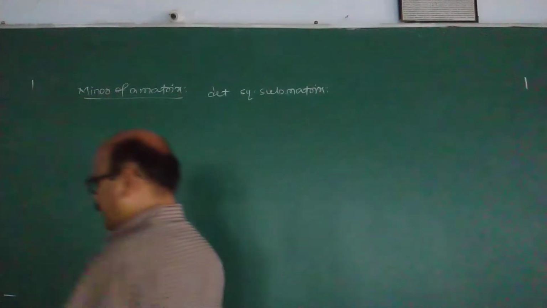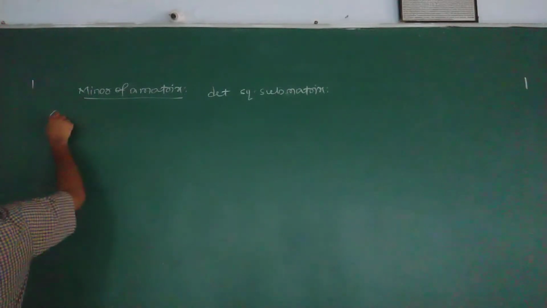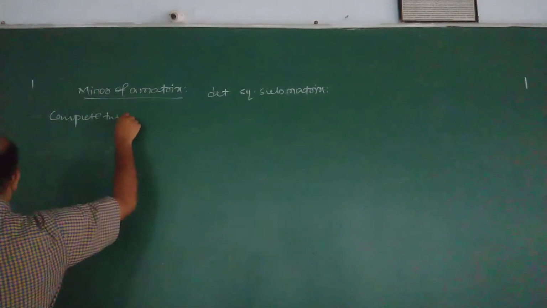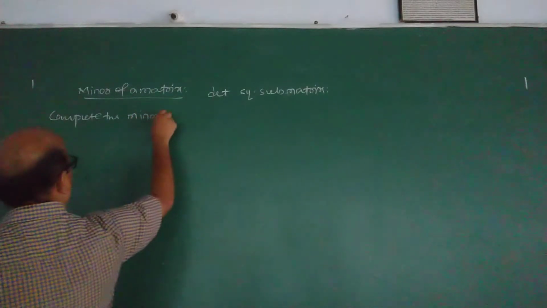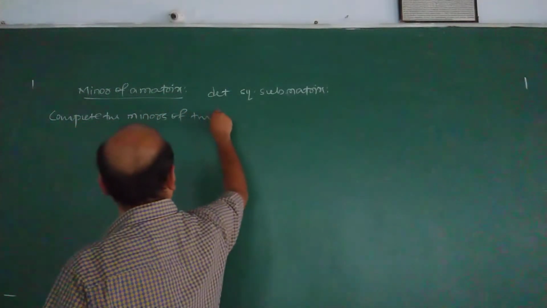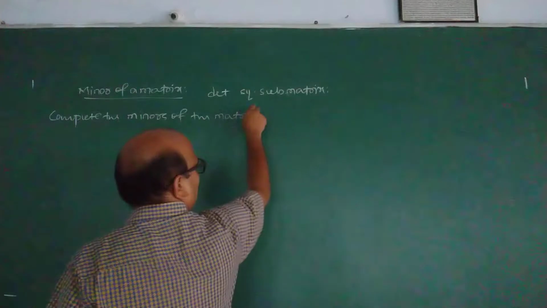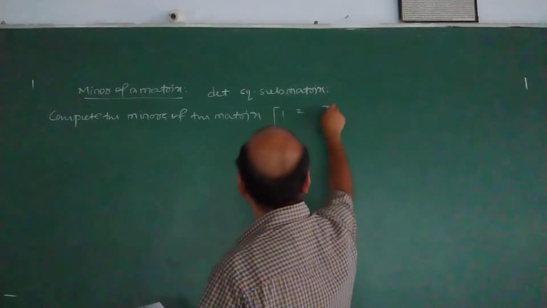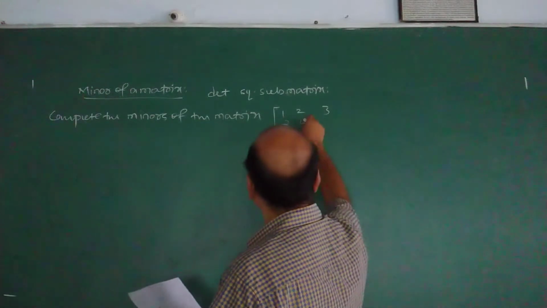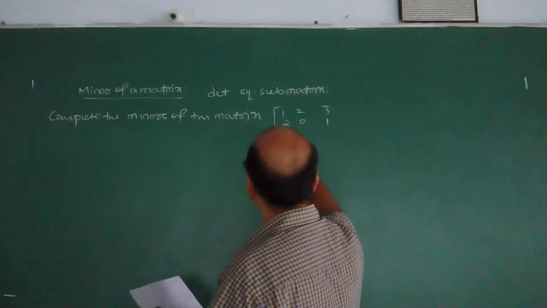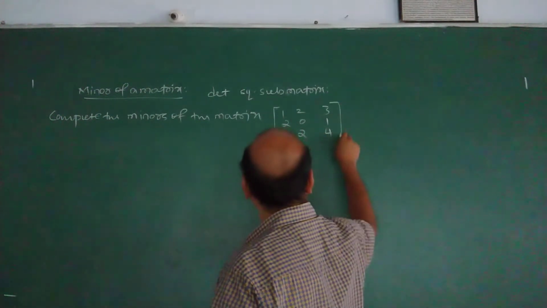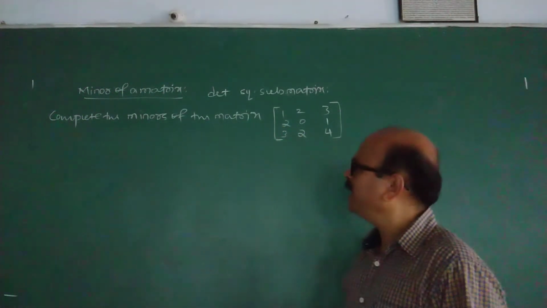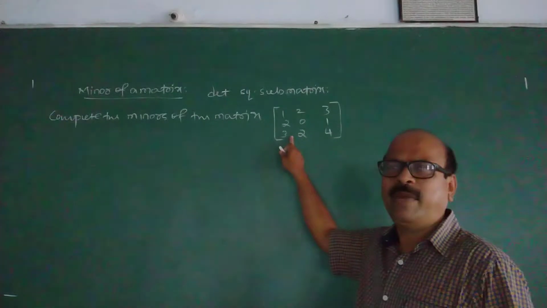Now, I take some example how to compute the minors. Compute the minors of the matrix 1 2 3, 2 0 1 and 3 2 4. Compute all the minors of this matrix.